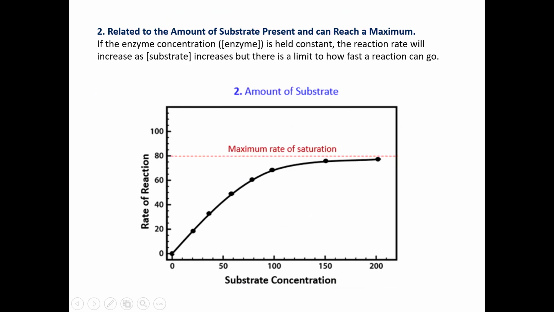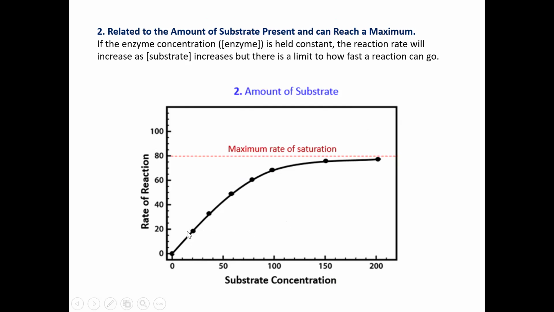Also, the rate of reaction is related to the amount of substrate present and can reach a maximum point if the enzyme concentration is kept constant. That is, when the enzyme concentration is kept constant, the reaction rate will increase as the substrate increases, but there is a limit to how fast the reaction can go.